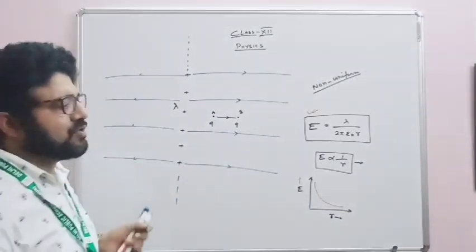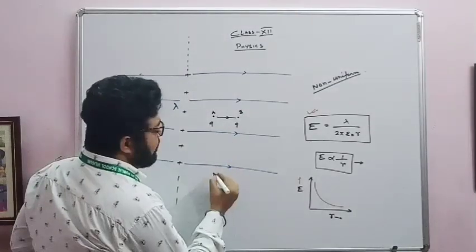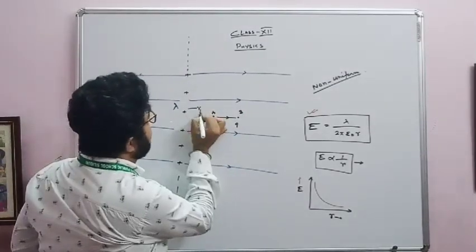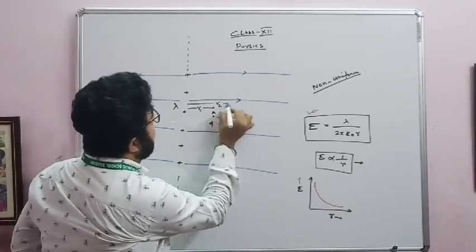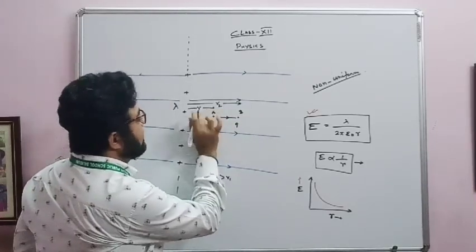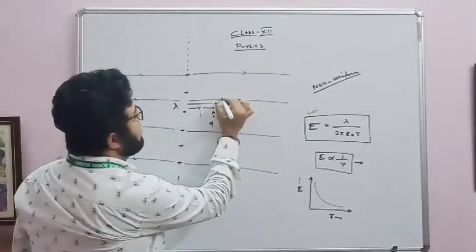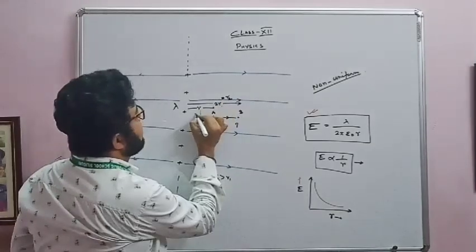So many types of questions they can ask you. Like first, suppose this distance is R1 and this distance is R2. Or they can give you this one is R and this one is 2R. So let it be 2R, R2, and let it be R1.